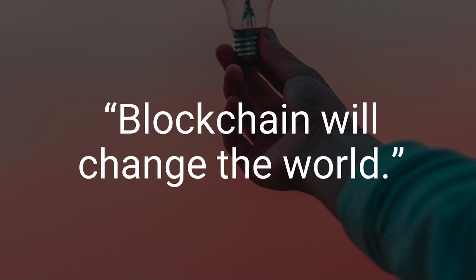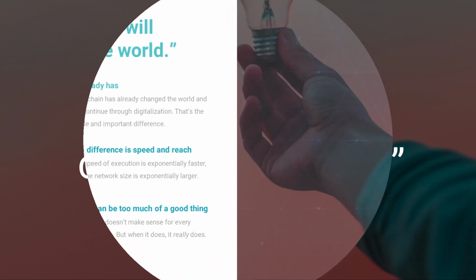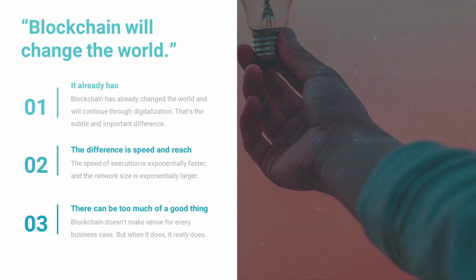The second common misconception is that blockchain will change the world. As we saw with tally sticks, blockchain actually already has changed the world. The difference now is digitalization. So instead of an animal bone and wood, it's computers. And that means instead of manually breaking a stick in half, a computer records a calculation in really the blink of an eye.